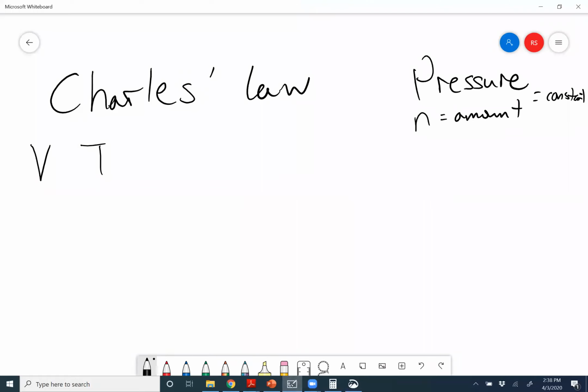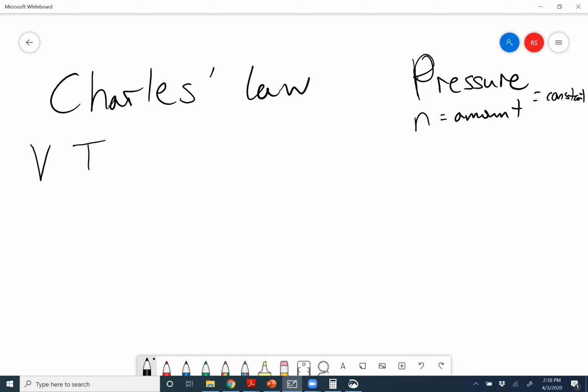So because pressure and amount aren't changing, so P and N are constant, we're just interested in the relationship between V and T. So at the time, though, in Charles's world, there's no such thing as Kelvin.